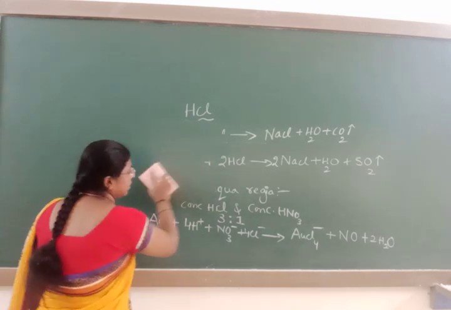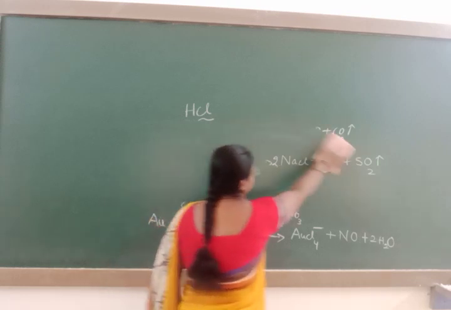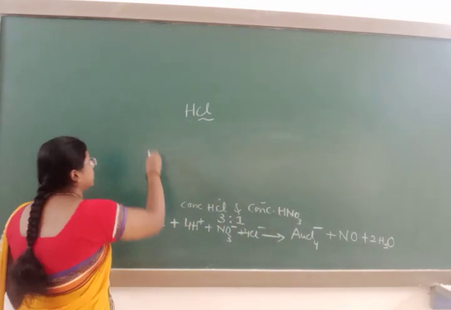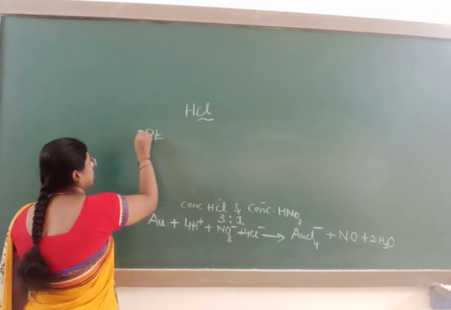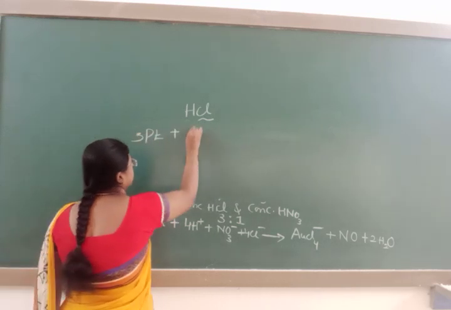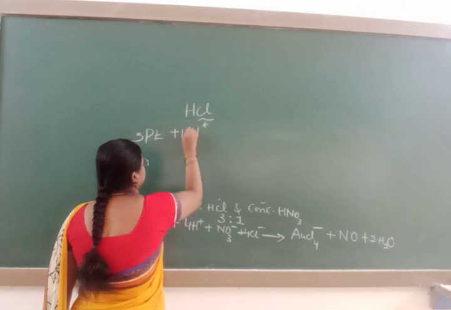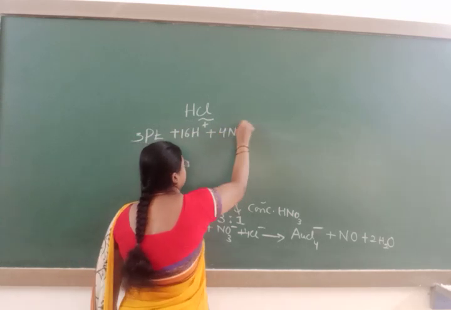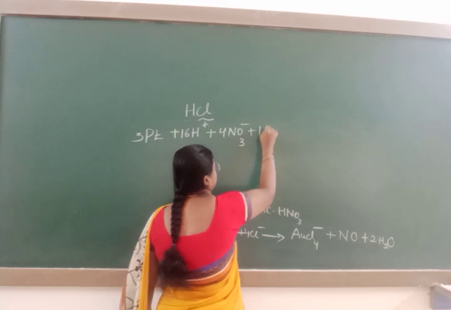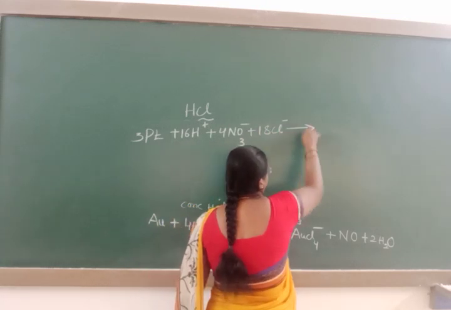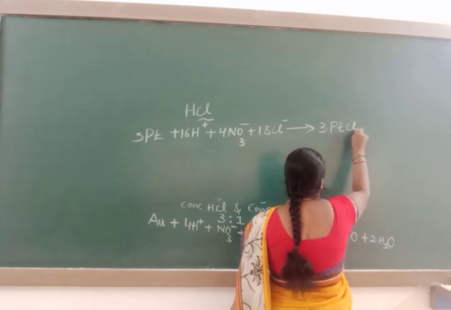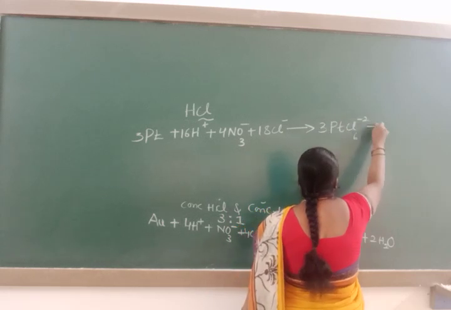Similarly, if I take platinum, when it reacts with aqua regia, it will dissolve in aqua regia and form PtCl6 2 minus.